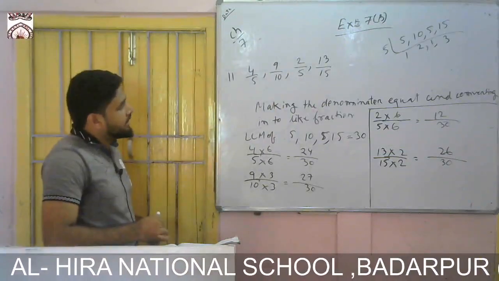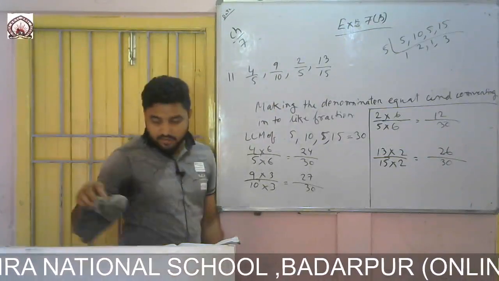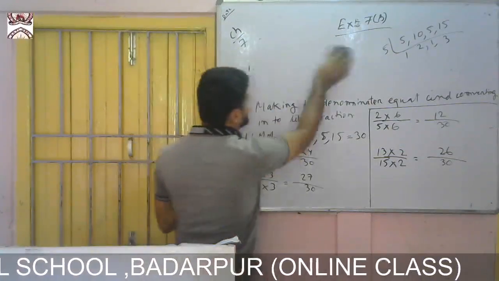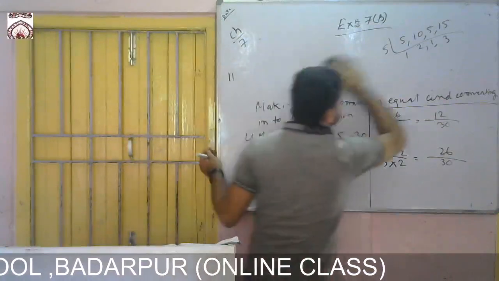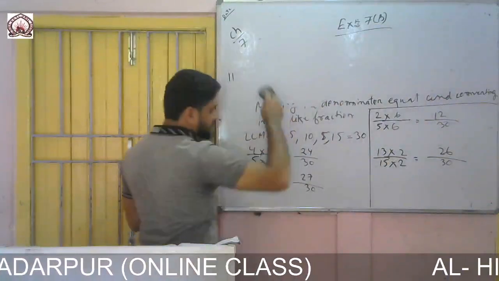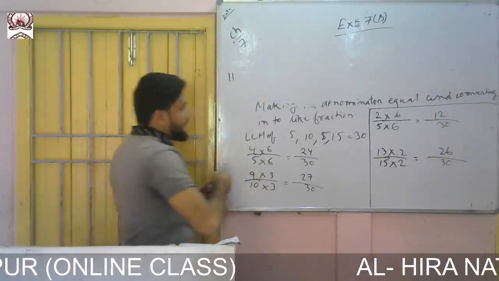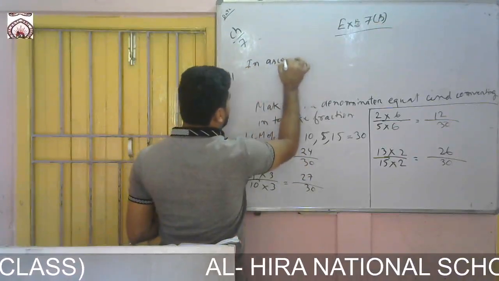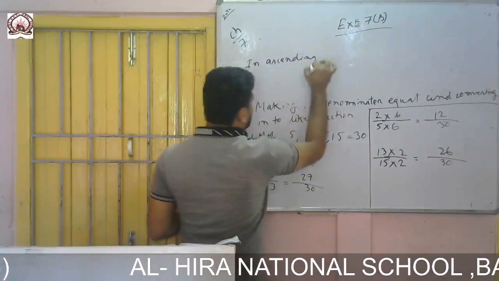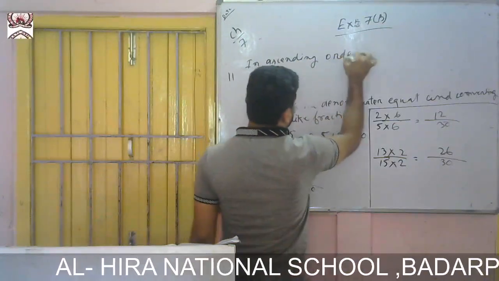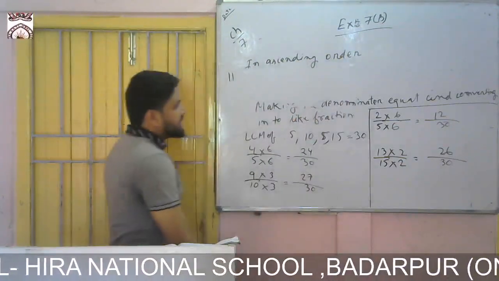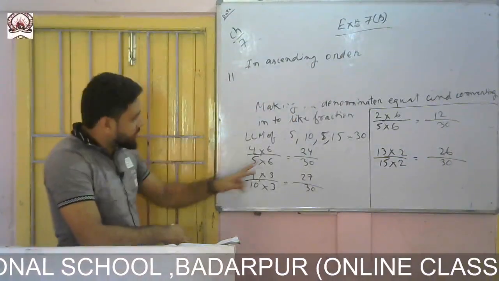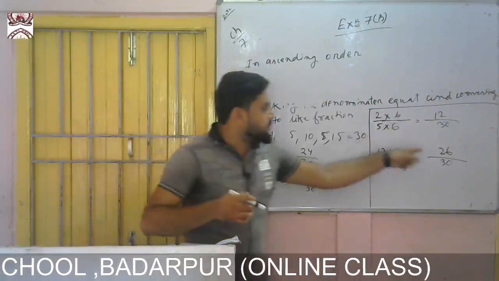Now arrange all these in ascending order. The numerators are 24, 27, 12, 26.